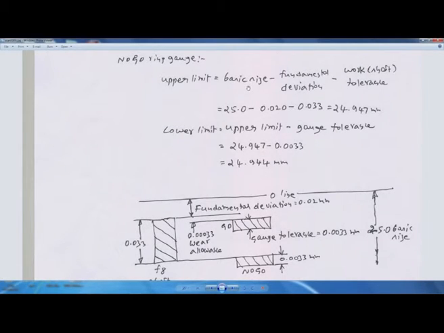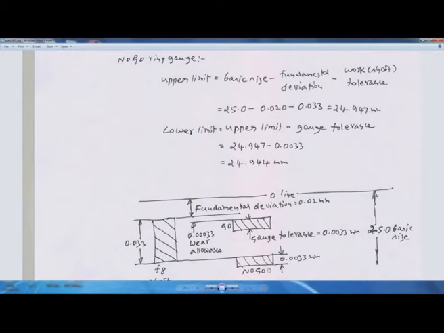Upper limit is equal to basic size, 25 millimeter, minus fundamental deviation, that is 0.02 millimeter, minus work tolerance, that is 0.033 millimeter. So upper limit of no go ring gauge will be equal to 24.947 millimeter.